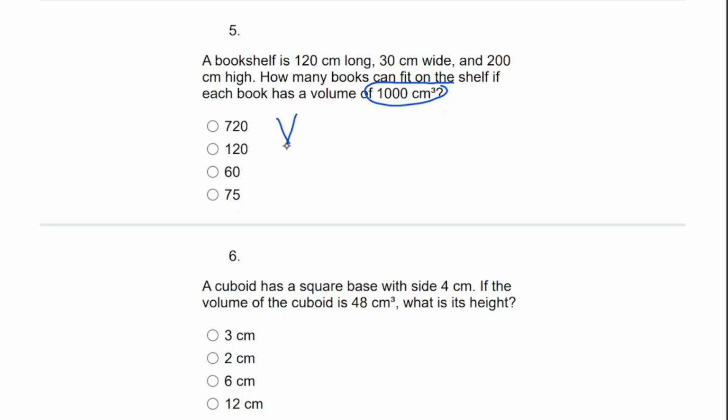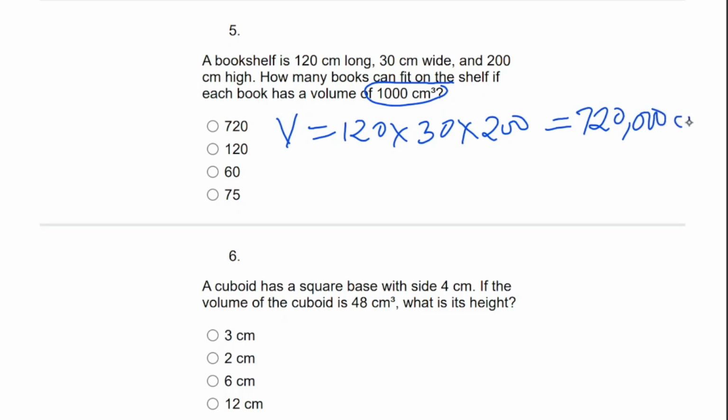So the volume of the shelf will then be 120 multiplied by 30 multiplied by 200. That gives 720,000 centimeters cube.